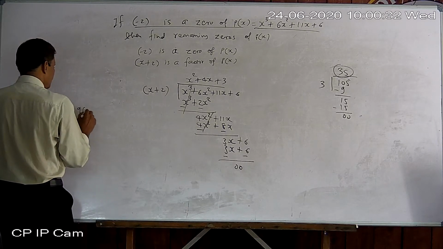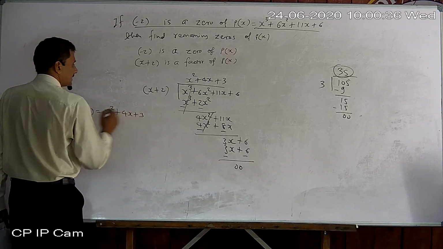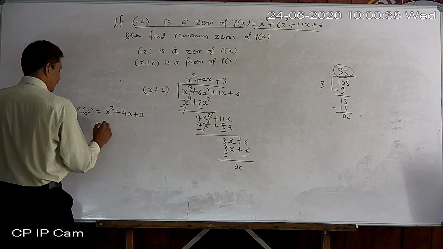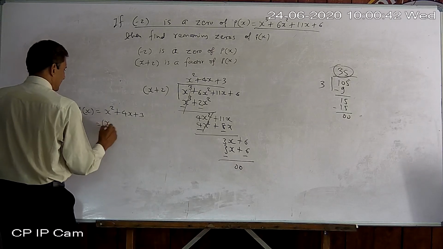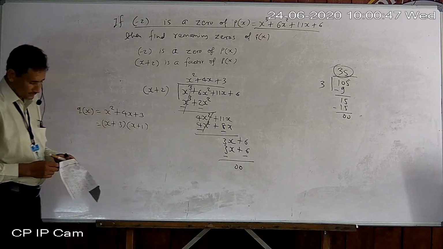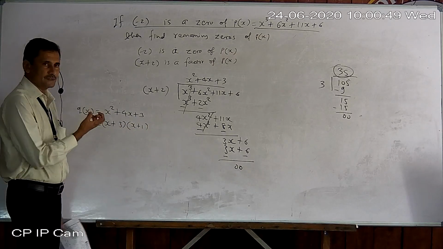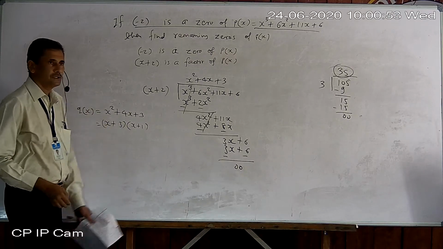So q of x equal to x square plus 4x plus 3 equal to, okay, it will be x plus 3 and x plus 1. Why? I am not going through that splitting process. If you try, you will get the same answer only.